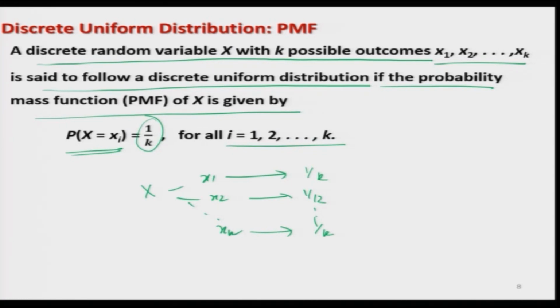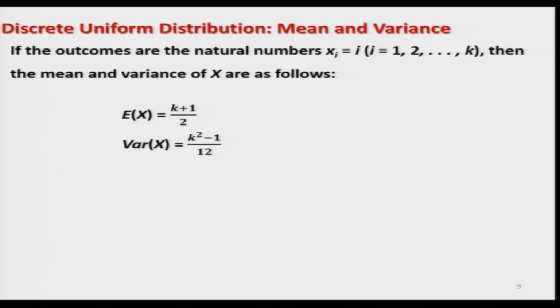You can see that this mathematical function is very well defining the phenomena in a mathematical way. If you try to find the mean and variance of this random variable, you can very easily find that the expected value of x will come out to be (k plus 1) upon 2 and the variance of x will come out to be (k square minus 1) upon 12.